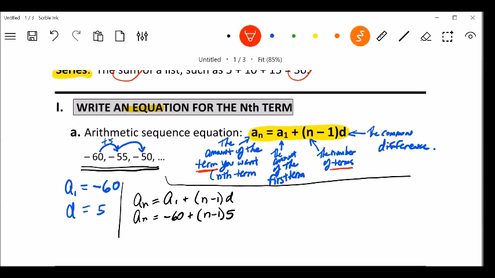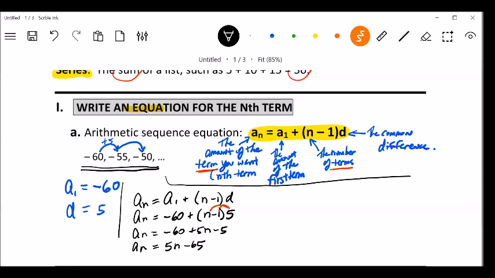This one's not acceptable because there are things you can do, specifically multiplying in here with the 5 and then combining like terms. So that means we would get -60 plus 5n minus 5, and the -60 and the -5 would go together, so I would get 5n minus 65.